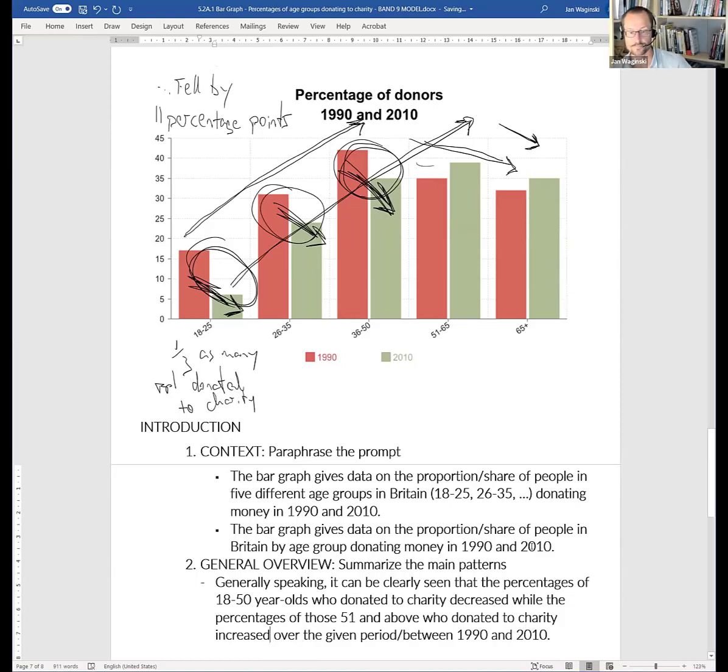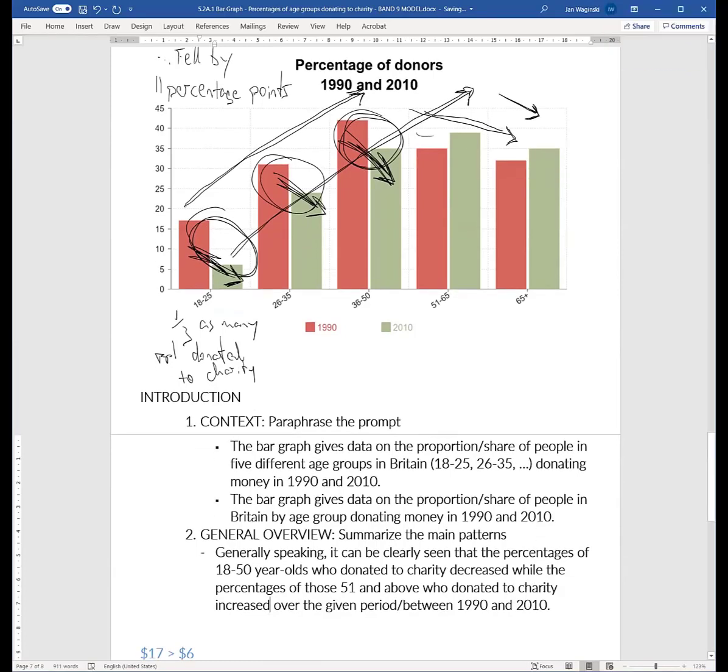There you go. Does that come after decrease? You can put it there. You don't need it.